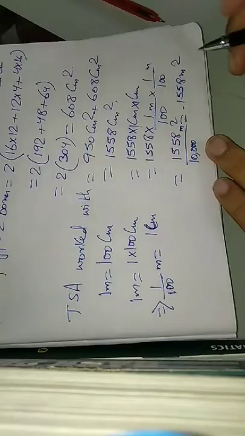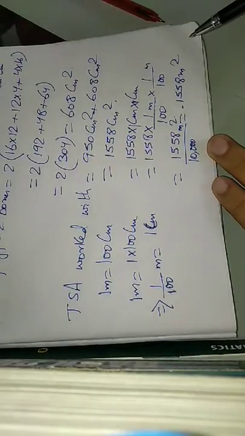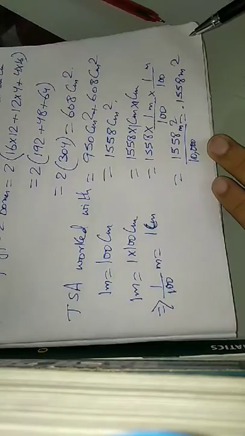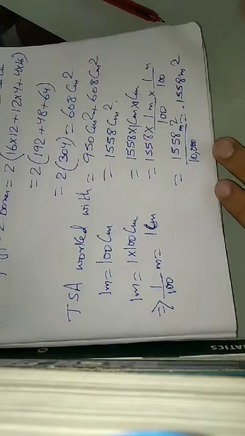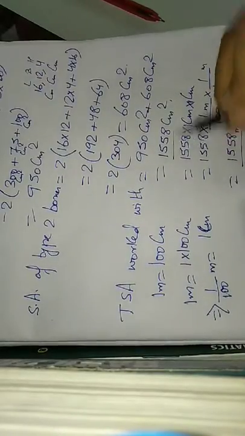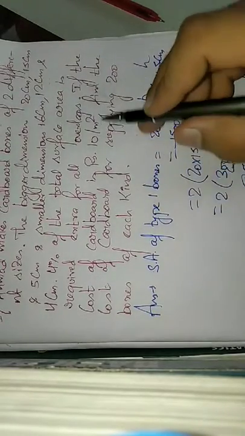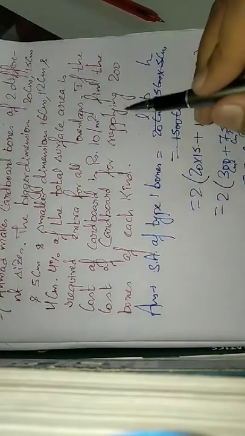So student, what they said, they don't want only for this much. They are saying that if the cost of cardboard is rupees 10 per meter square, find the cost of cardboard for supplying 200 boxes of each kind.